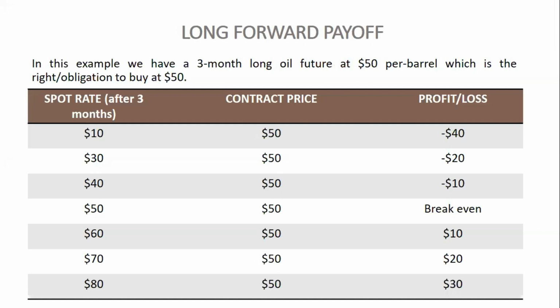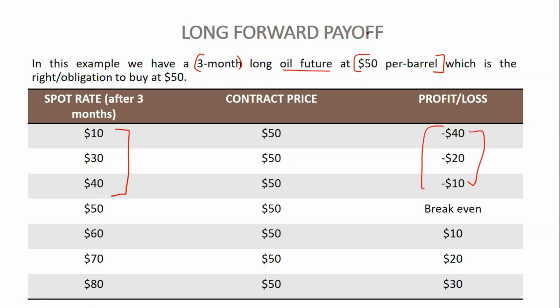Now here, let's say someone entered into a 3-month contract on oil future, and the contract price is $50 per barrel. That means they are ready to pay $50 per barrel after 3 months, and they will take the delivery of the oil, correct? Now, after 3 months, if the price is less than 50, of course, they are at a loss.